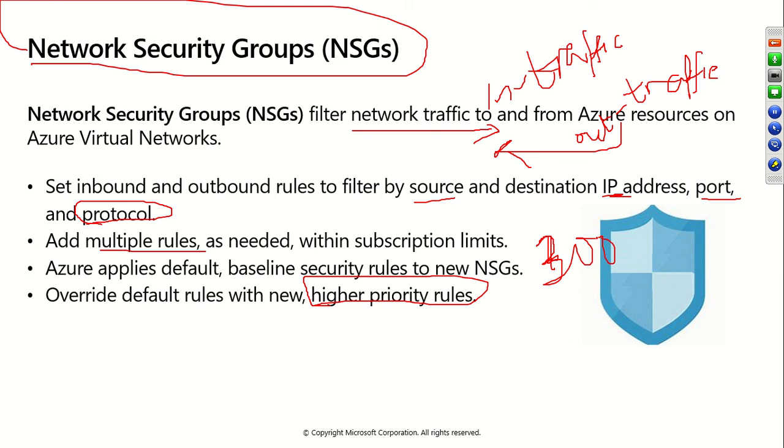If you want a priority that is higher than Microsoft's own, then you have to choose a number between 100 and 200. And that means the security group will first analyze this one. It will secure based on what you have specified with a priority between 100 and 200 before coming to the priority of 300.